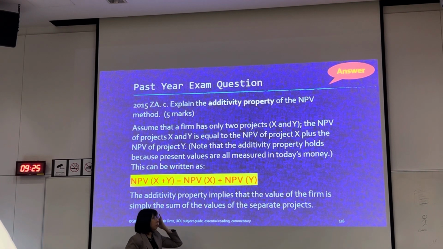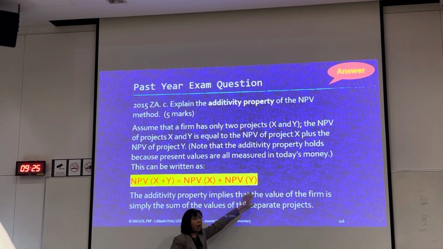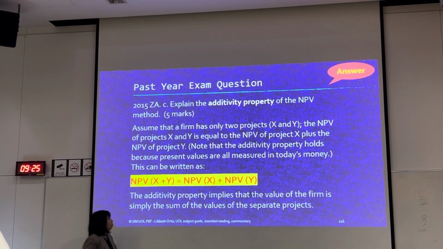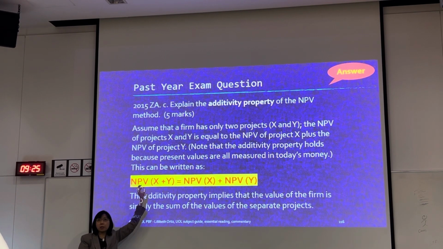$25,000. And then project Y, that's packaged along with it, has actually a negative 20,000 NPV. But if it's packaged together, it looks like, oh, this is a good project, and it has a 30,000 NPV, right?